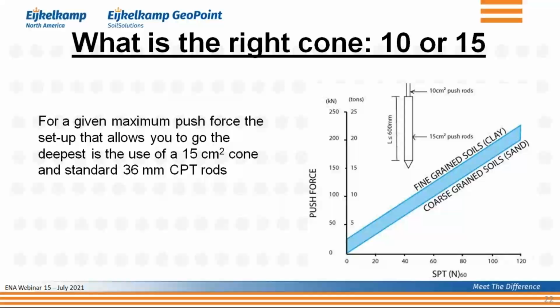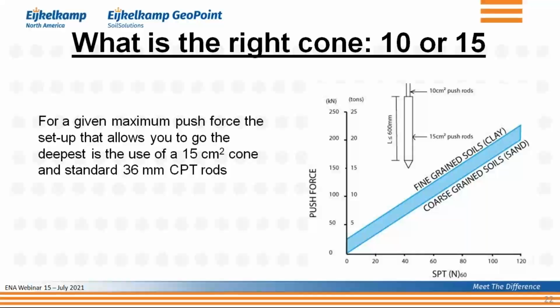If you are pushing a cone and you have a limited amount of pushing force at the surface, and let's face it, that's always the situation because your pusher has a limited pushing capability, the deepest you can get in a soil is with an oversized cone, in this case a 15 centimeter square cone, which has a diameter of 44 millimeters, 1.75 inches, and then the standard 36 millimeter rods, or the 1.44 inch diameter.